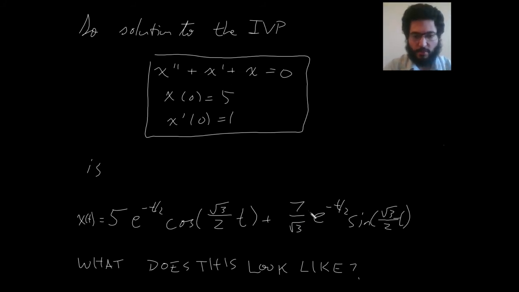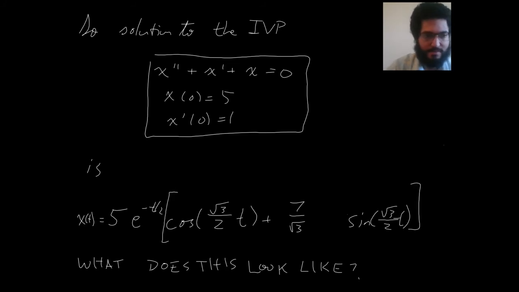Well, we can definitely pull out the e to the minus t over 2, so that will help. I can overall pull this out, like this. Okay, sorry, then the 5 is on here.